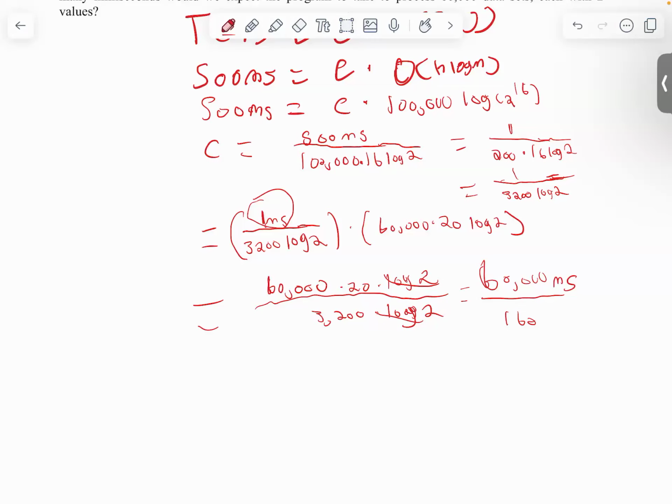This reduces to 3,000 milliseconds over 8, and because I'm so good at mental math, this reduces to 375 milliseconds, which is our final answer.